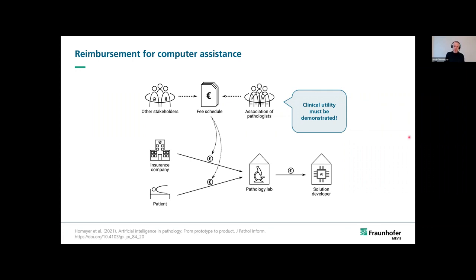In order to introduce new codes, it's essential to demonstrate the clinical utility of the AI solution. For example, you need to demonstrate that the use of the AI solution really improves in some indirect manner patient outcome or the cost-benefit ratio. For example, that you can make the whole treatment more economical.